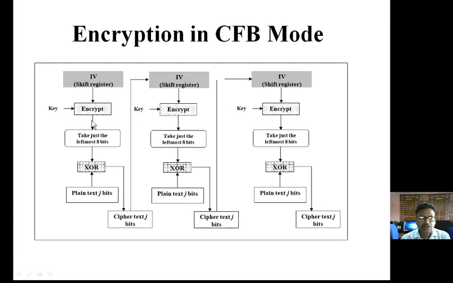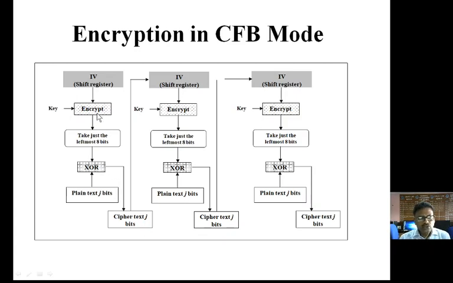Out of that 64-bit value, we take just the leftmost 8 bits, and the plain text will be of J bits, that is 8 bits, and that is XORed. Whatever is the result will be the ciphertext bits.